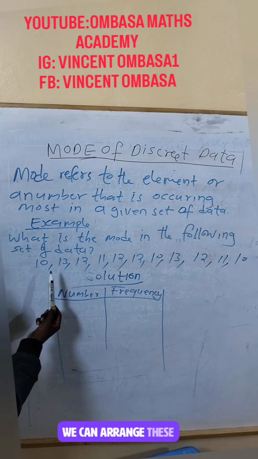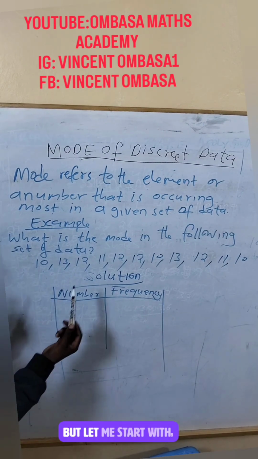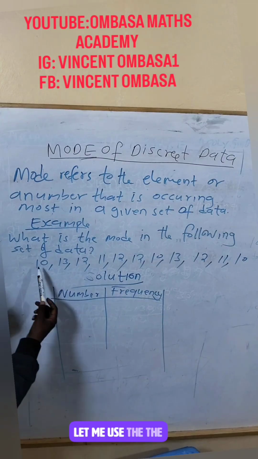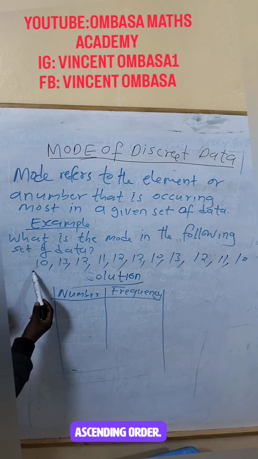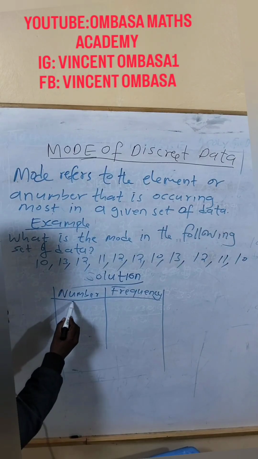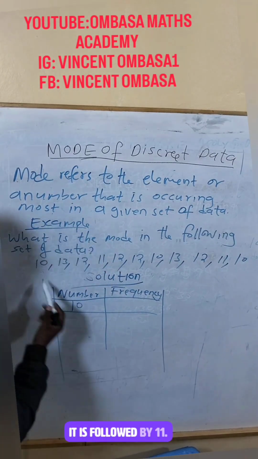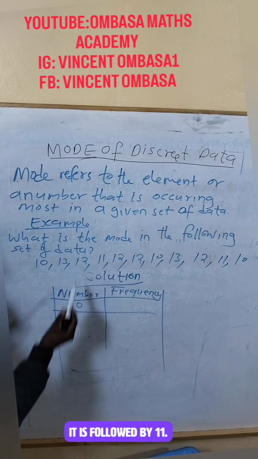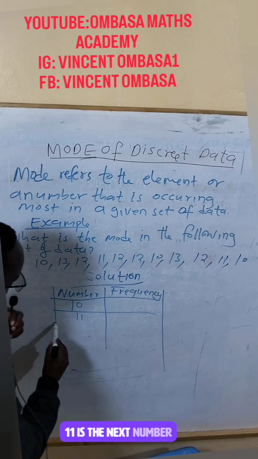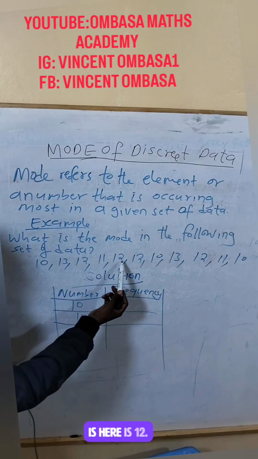We can arrange these numbers in ascending order or descending, but let me use the ascending order. I start from the smallest. The smallest number is 10. I write 10 here. It is followed by 11. 11 is the next number after 10. The next number after 11 is 12.